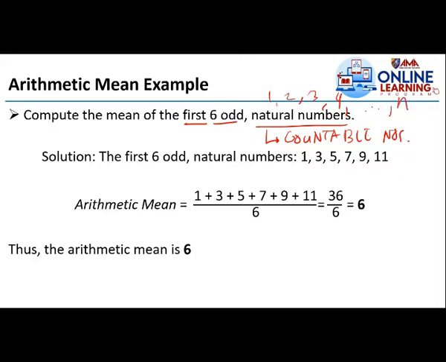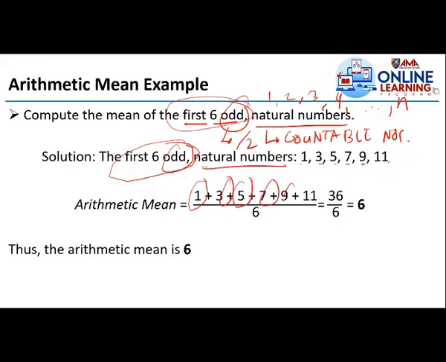Here it says the first odd ones. When we say odd, it is not divisible by 2. So the first 6 odd natural numbers are 1, 3, 5, 7, 9, and 11. You simply add those 6 terms to get the arithmetic mean.